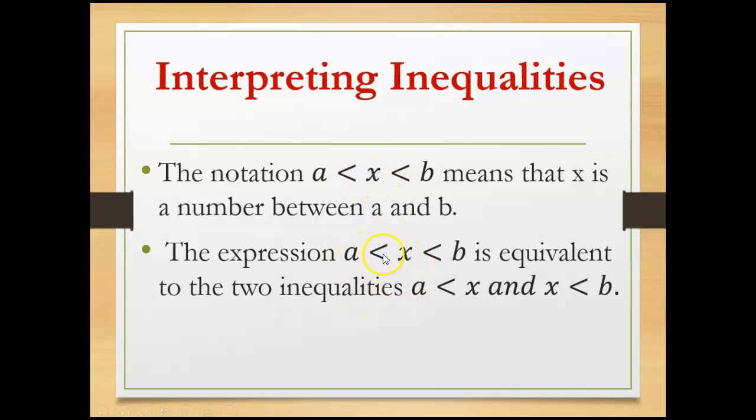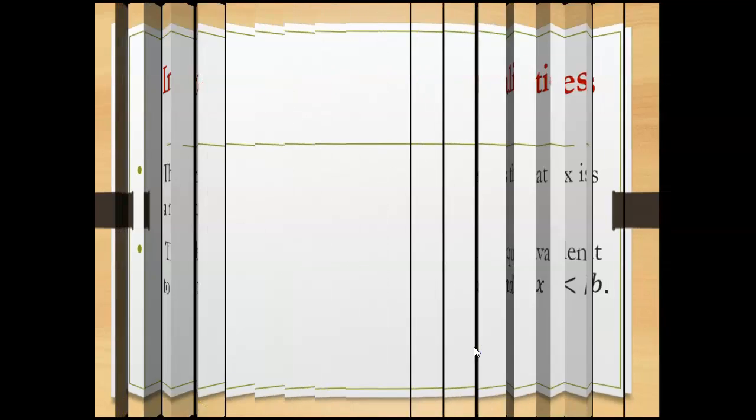This expression is also equivalent to two expressions, with x connecting them. You can write them separately as a is less than x and x is less than b. They are joined, and if you draw it on the number line, they are going to be connected with each other.